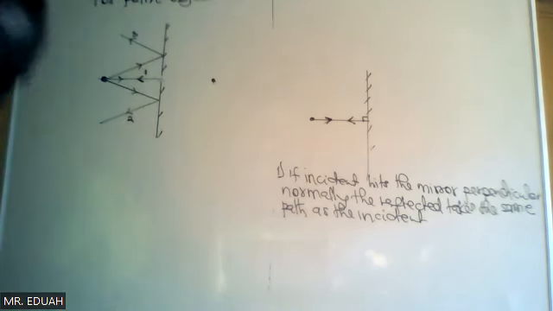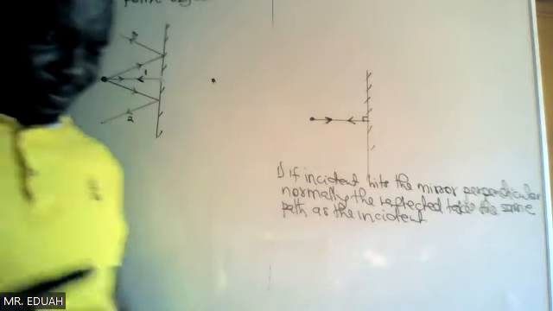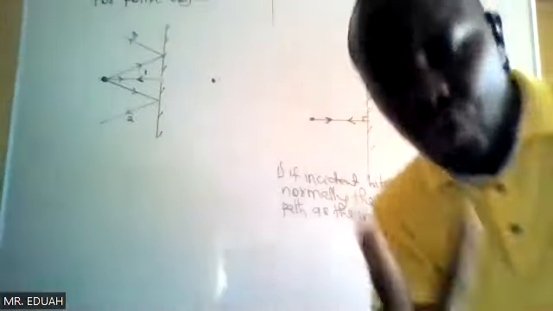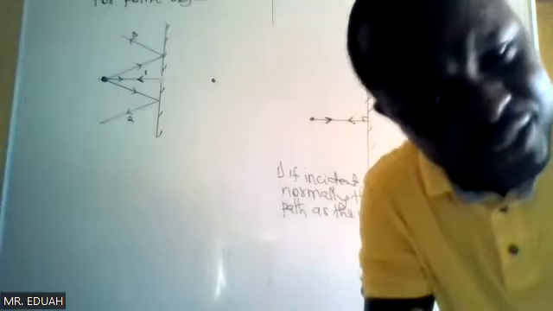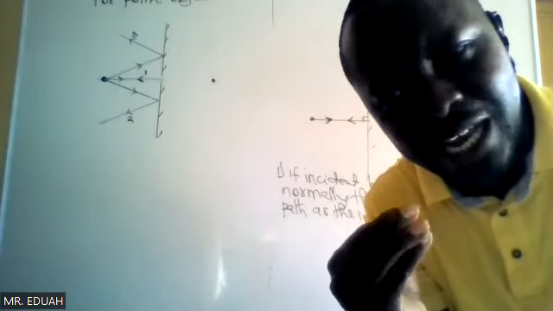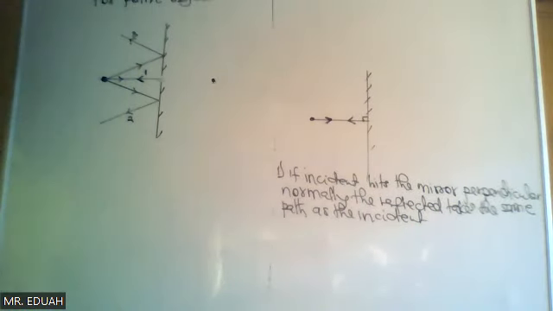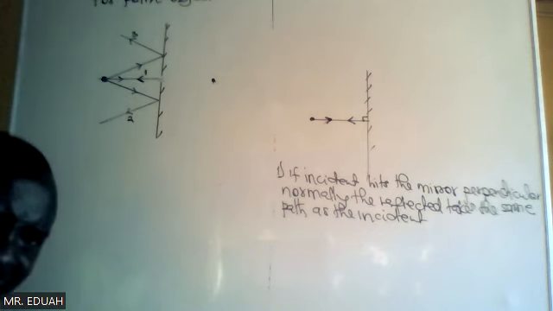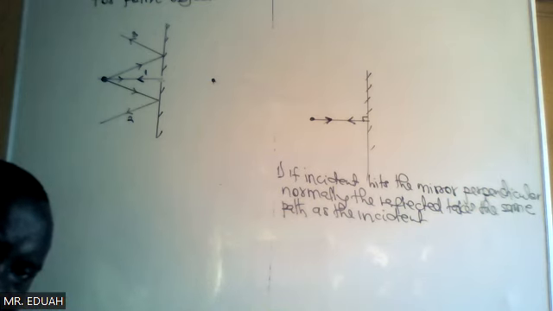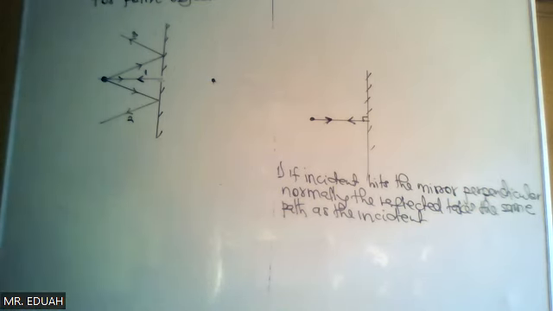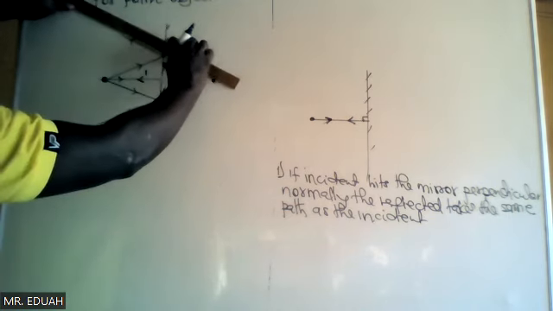Where will be the image? I said for an image to be formed, 2 or more reflected rays must actually meet at a point or must appear to meet. When I look at what I've done, 1, 2, 3, the reflected rays, do they look like meeting one day? Do they look like ever meeting? No, they are diverging the more.